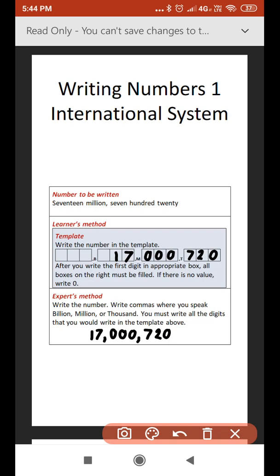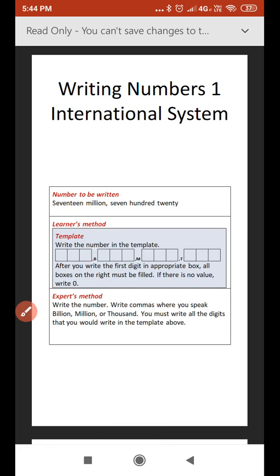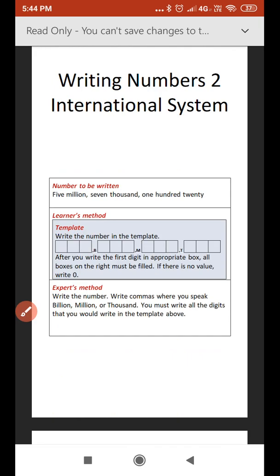We move on to the next sum. 5 million. So first we write 5 million. Here is million. 5 million. 7,000.